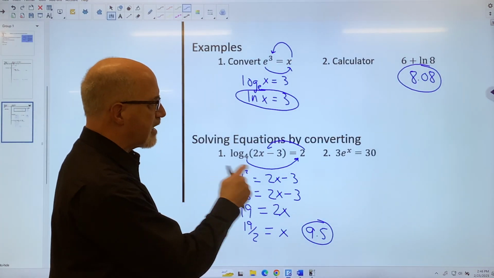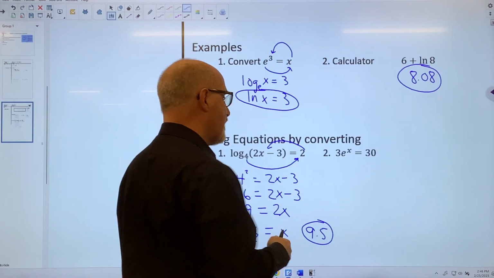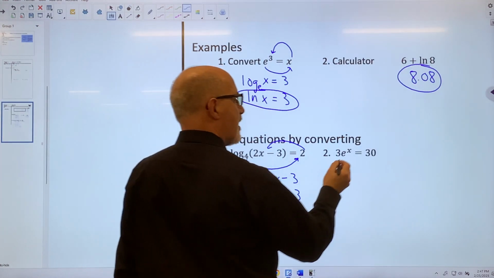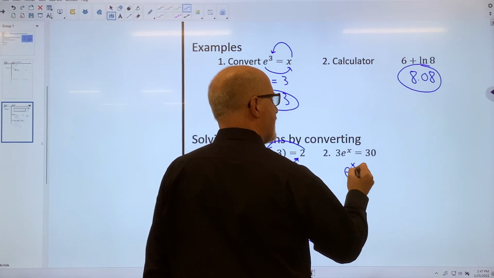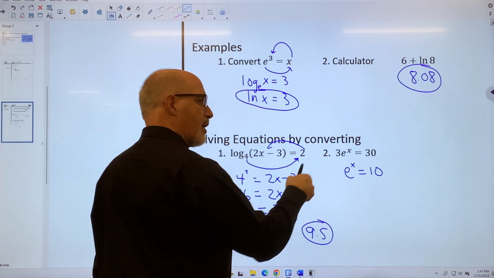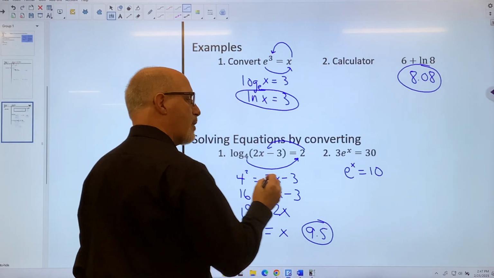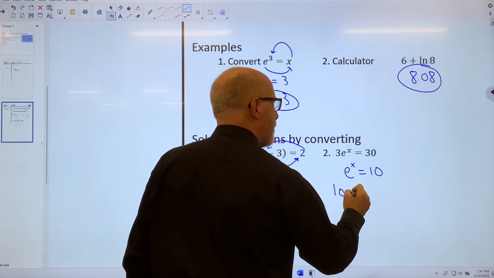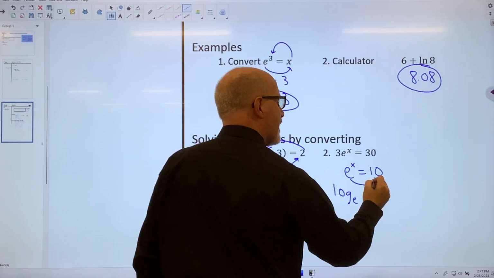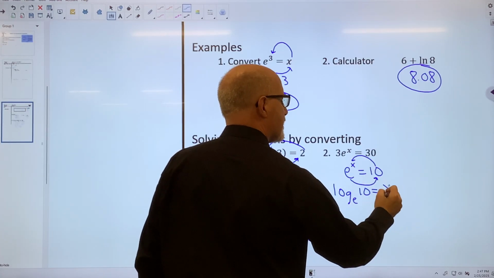All right, let's take this exponential and convert it into a log and see if that can help us in finding what the x is. I'm first going to get the e to the x by itself by dividing both sides by 3. So get rid of the coefficient in front, divide both sides by 3. And now we're going to do log base e of 10 is equal to x.